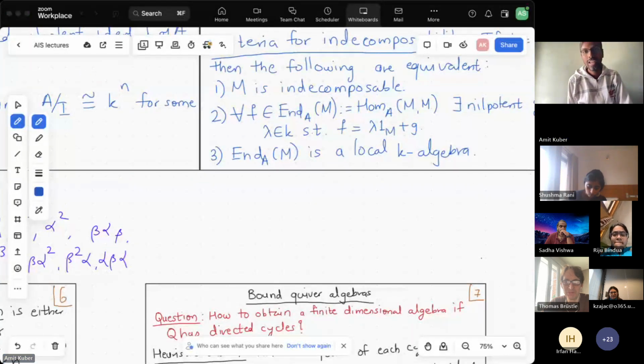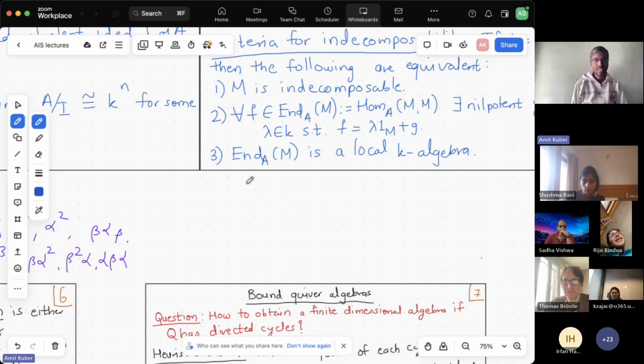So how will we deal with the situation when we have directed cycles in the quiver? We know that we'll get an infinite dimensional associative K-algebra, but sometimes we are actually interested in algebras which are finite dimensional. So we have to take a quotient.